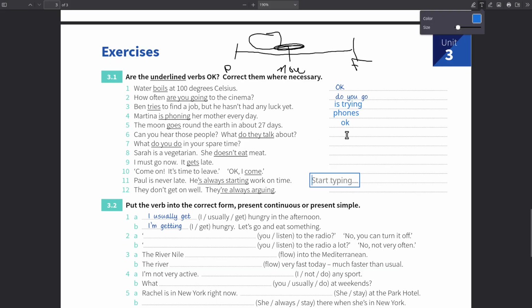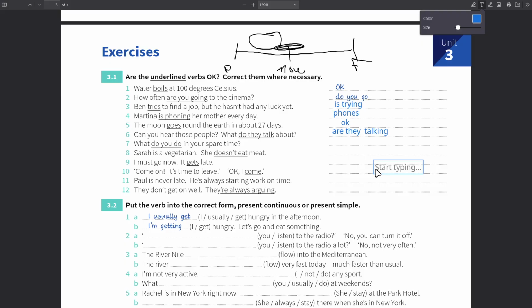So the correct answer would be: what are they talking about? Can you hear those people? What are they talking about? Right? Because we're asking a question about an activity that is happening right now. You know what I mean?